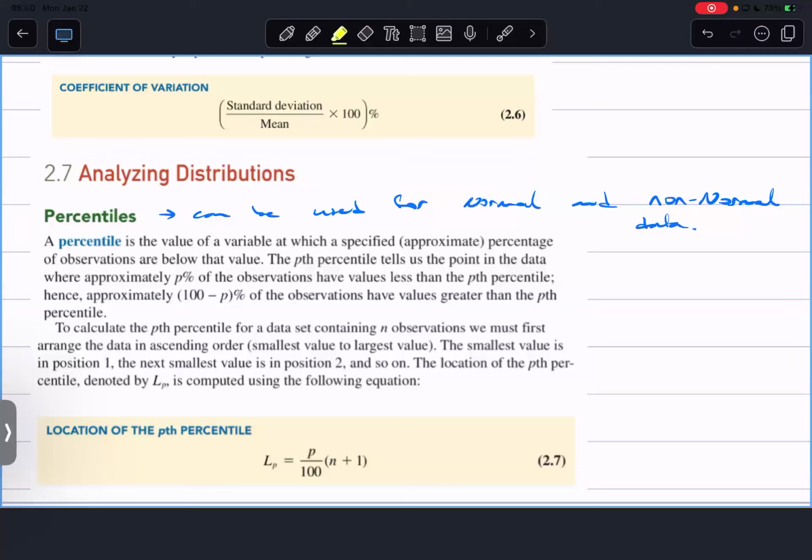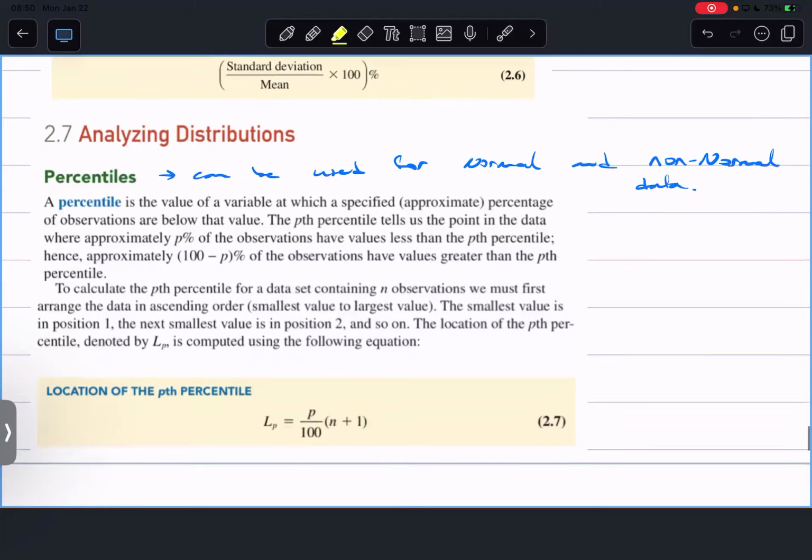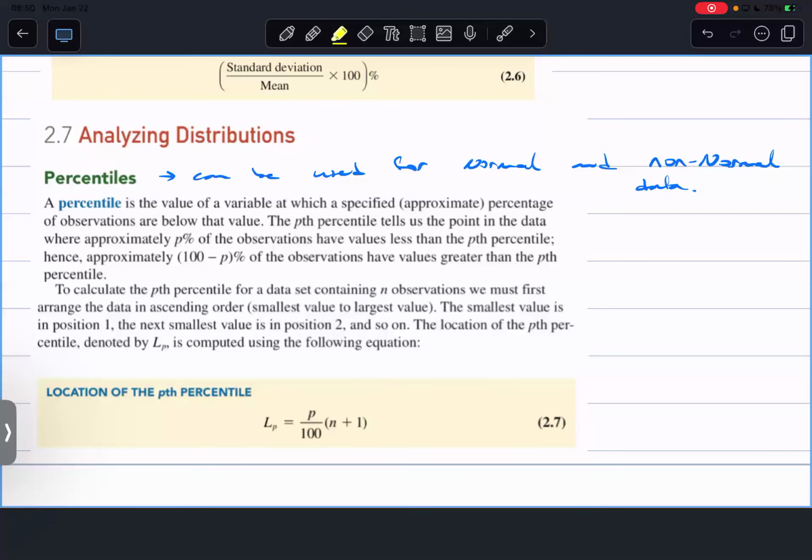Percentiles are often reported in newspapers and not necessarily journals, just kind of regular life stuff. The Pth percentile tells us the point where we have P% below and 100 minus P% above.